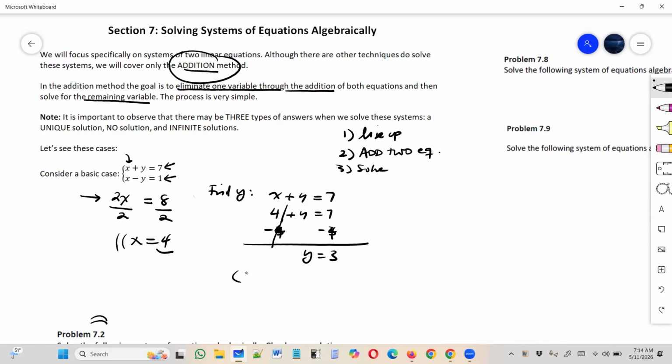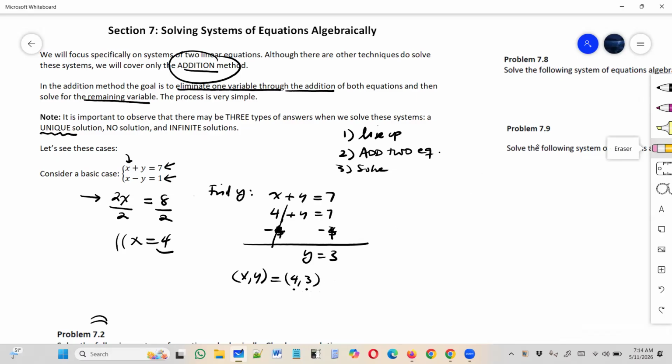So in this case, I got a solution, my pair is (4, 3). Now, this is the case of the unique solution because I got a single point. So the two lines intersect at x equals 4, y equals 3.